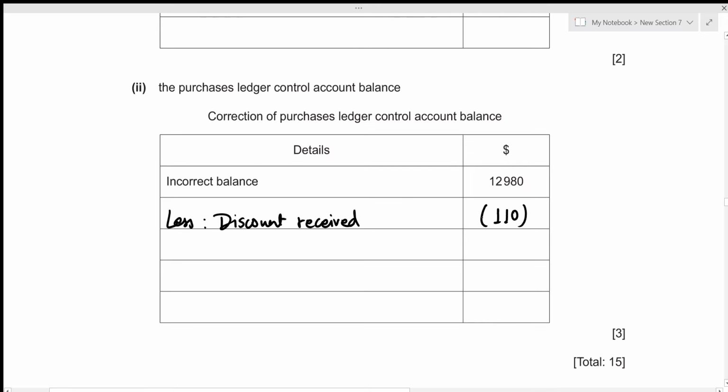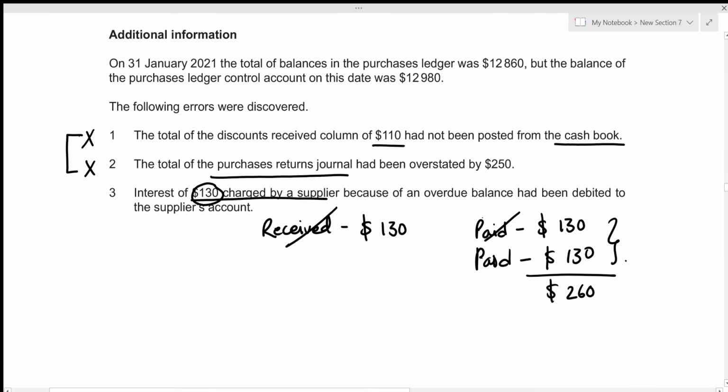Let's look at the second error. The total of the purchases returns journal had been overstated by 250. So purchases returns is something that will reduce the amount to be paid, right? But it had been overstated, which means that we again have to reduce this amount of 250. And two minuses result in a positive, which means that we need to add this amount of 250 back in order to figure out the total for our purchases ledger control account.